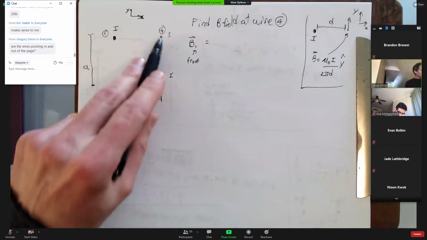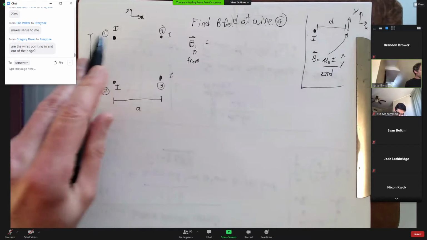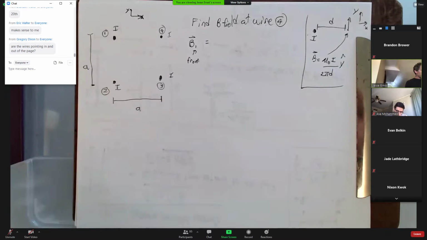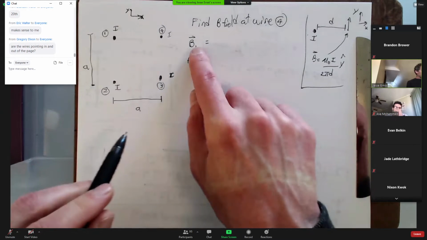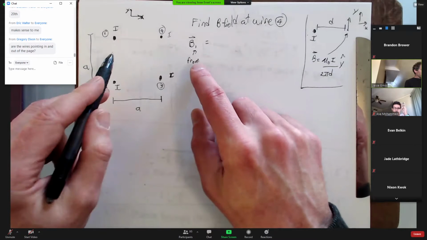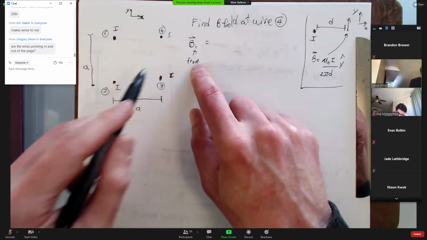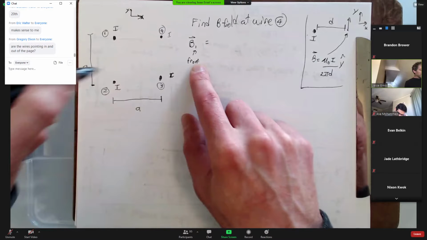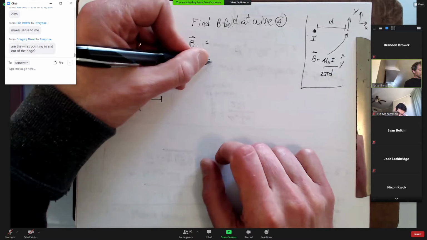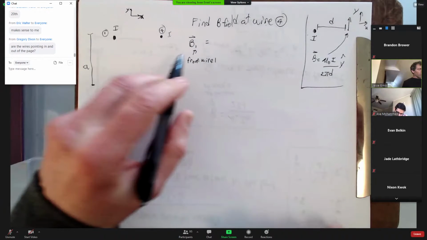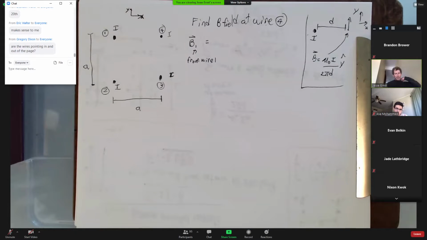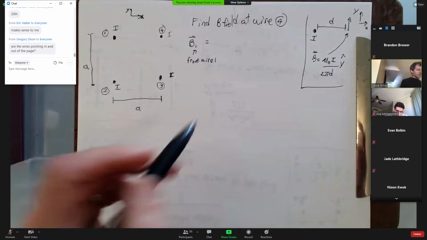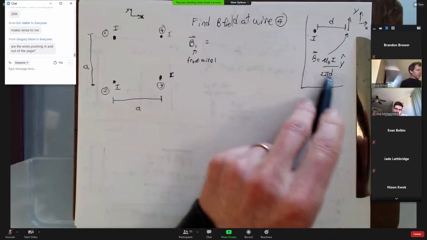We're going to have 3 contributions. We'll have a B field here from this, from that, and from that. So let's just do them one at a time. So B, right, so this is the B field from wire 1. That's what I mean by the sub 1. So take a second, write it down, right? We're just going to use this over and over.